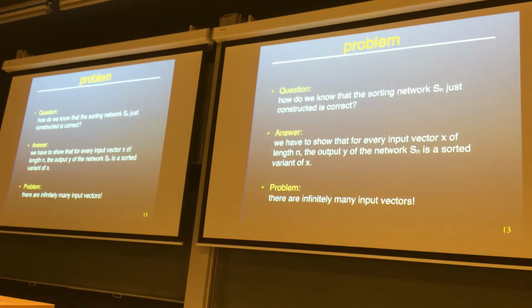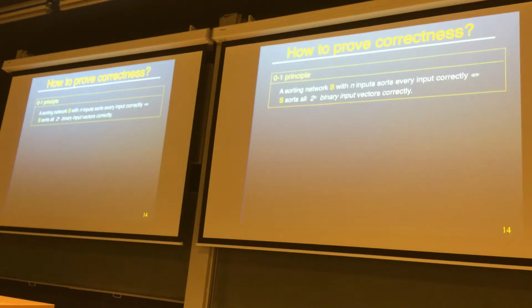How to solve this problem? That's where our 0-1 principle comes in. What we are able to do is the following. We are able to show that the sorting network is correct for arbitrary inputs if we can show it to be correct for all binary input vectors.